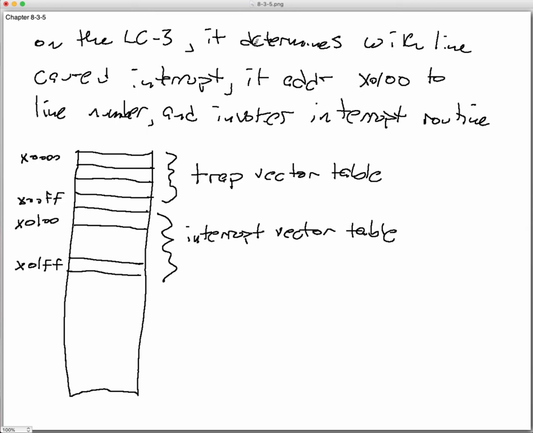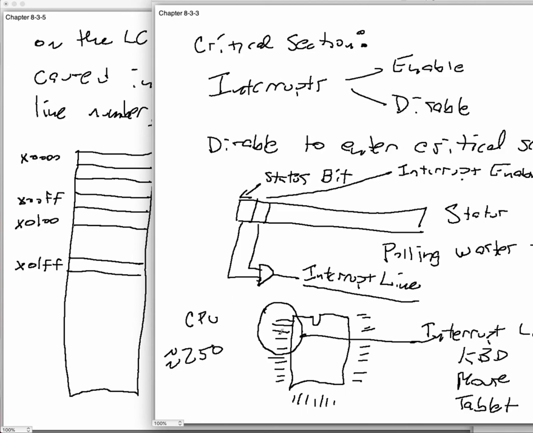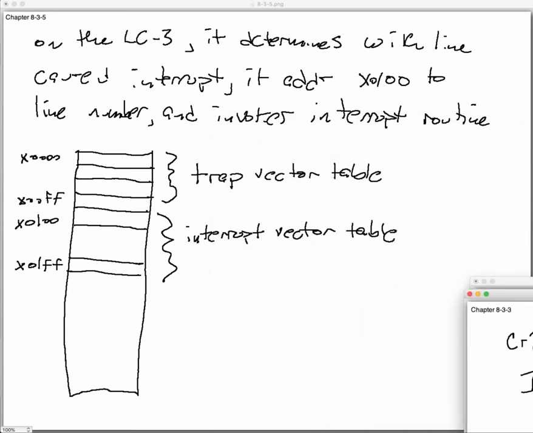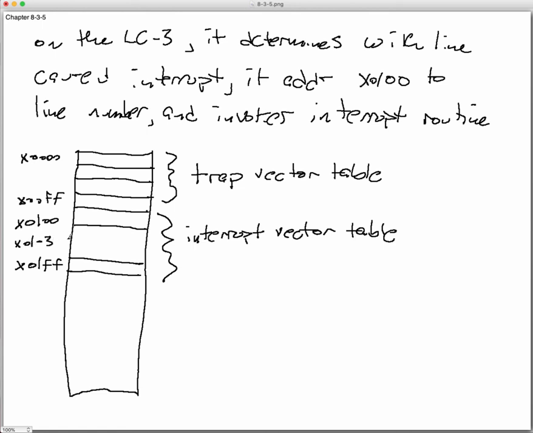So what happens over here, for example, suppose that it was line number 3 on the pin over here, suppose it's line number 3, that caused the actual interrupt. So I'm going to add hex 100 to it, and I'm going to come over here to hex 0103, and this is going to contain the address right in here of the particular routine that I should execute for that interrupt.